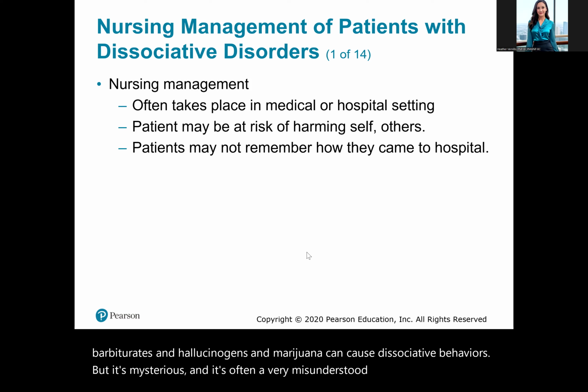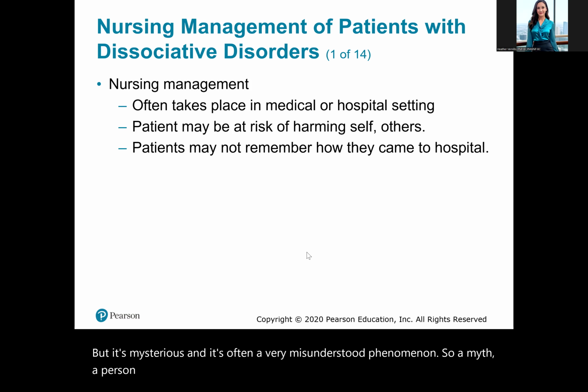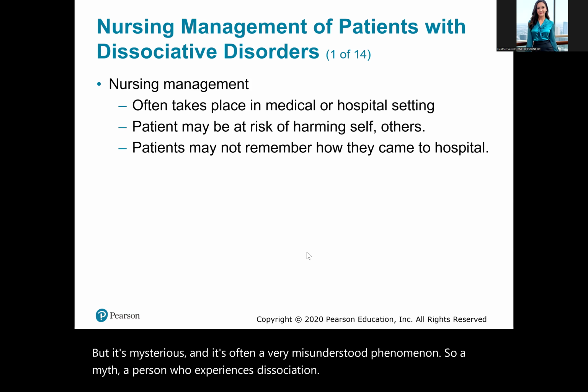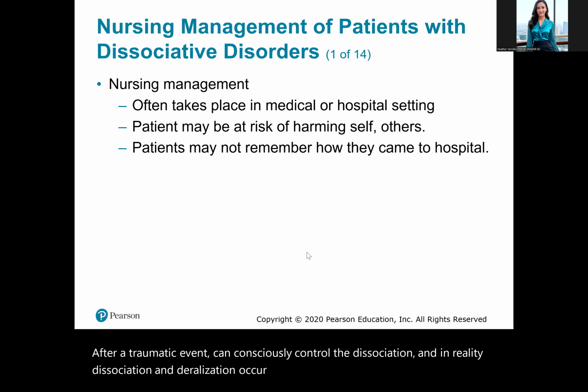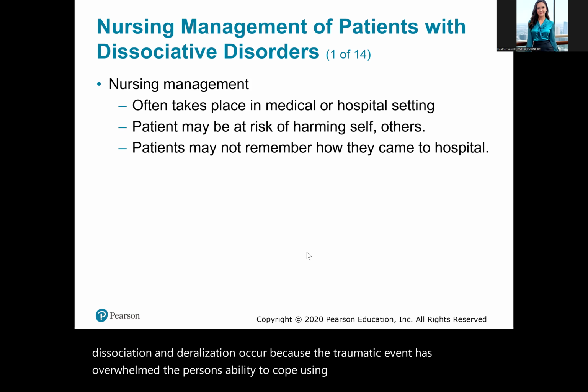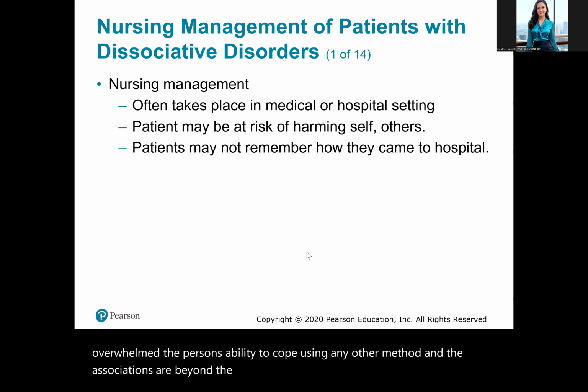So, a myth: a person who experiences dissociation after a traumatic event can consciously control the dissociation. In reality, dissociation and derealization occur because the traumatic event has overwhelmed the person's ability to cope using any other method, and the dissociations are beyond conscious control.